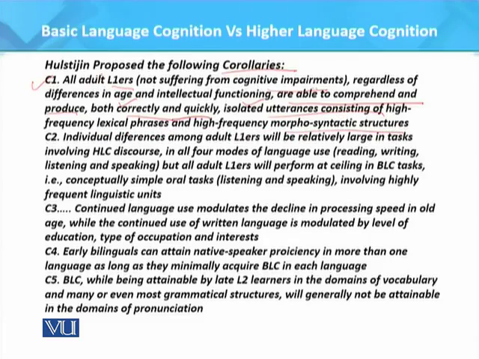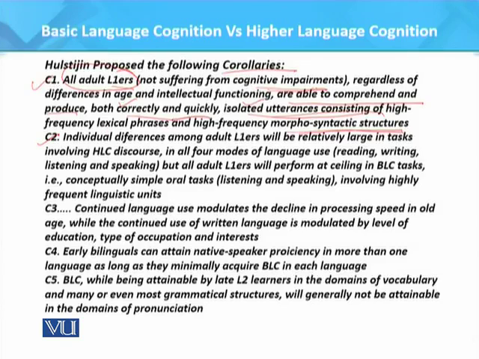So, all adult first language learners, if they are not suffering from any mental impairment, regardless of their age and intellectual functioning, can comprehend and produce isolated utterances of high-frequency lexical phrases and high-frequency morphosyntactic structure. That is basically the morphosyntactic structure is the words and how they are placed in sentences, and lexical phrases are based on the different high-frequency used words.